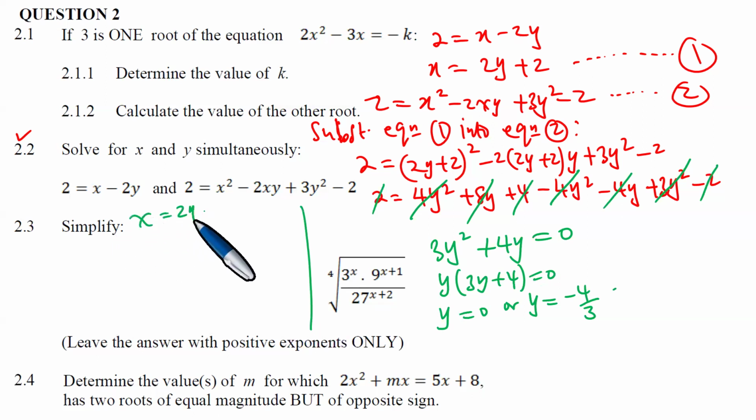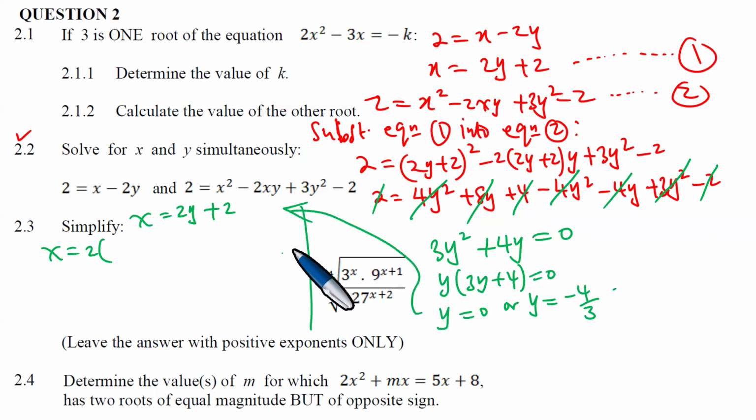Which x is 2y plus 2. Okay, if y is 0, we use this equation to get the values of x. So when y is 0, you put here 2 by 0 plus 2 here.